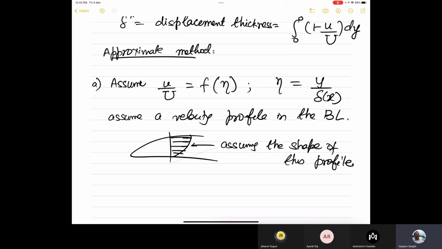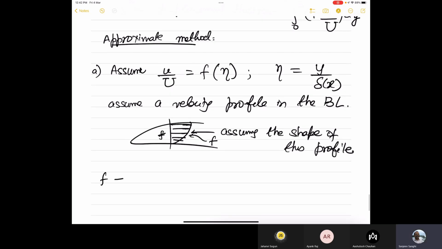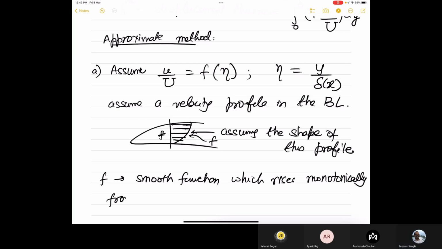Now, what are the conditions we expect? This is basically given by f, because it's capital U times f of eta. That is the velocity profile. Now, we expect f to be a smooth function. We don't expect the velocity profile to be discontinuous or anything. It rises monotonically from eta equal to 0 to eta equal to 1.